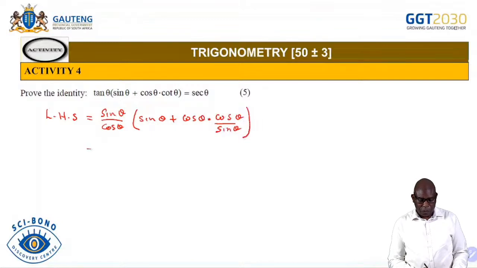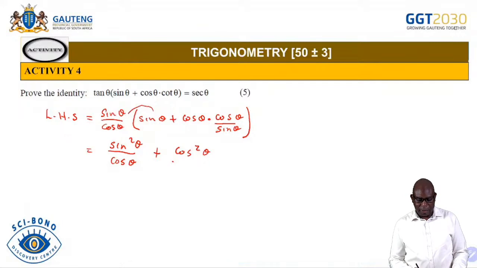Now I can multiply what is inside the bracket. So I'll have sine of theta times sine theta, which is sine squared of theta, all over cos of theta, because I'm multiplying this with it, plus cos theta times cos theta, which is cos squared of theta.